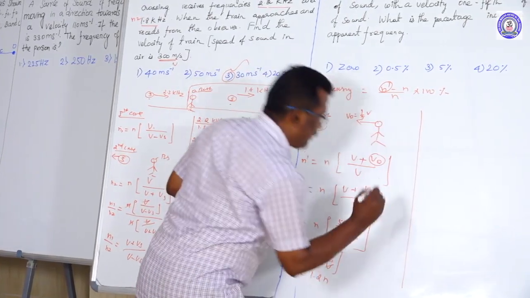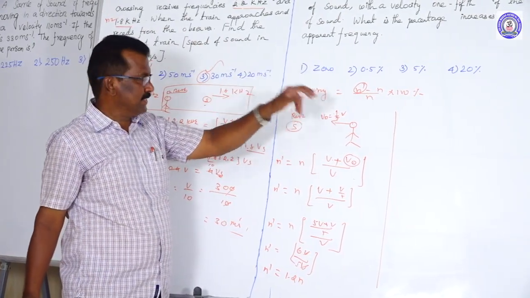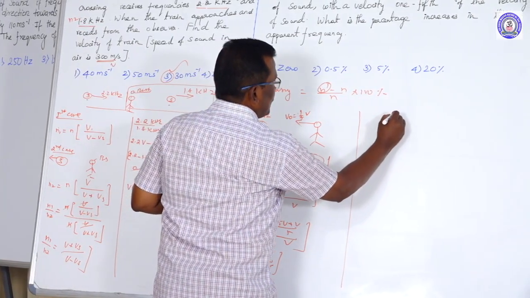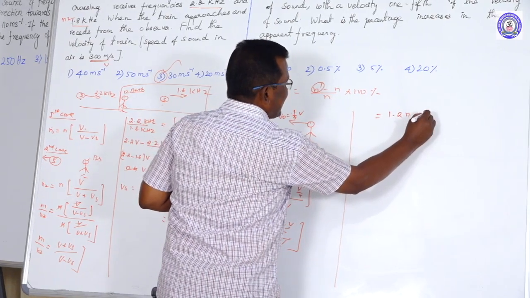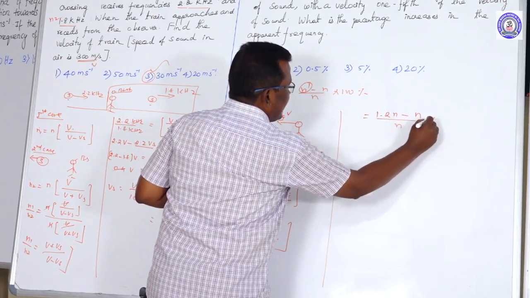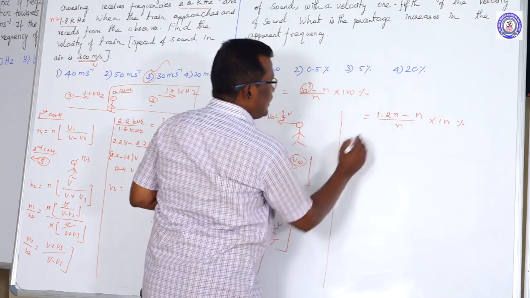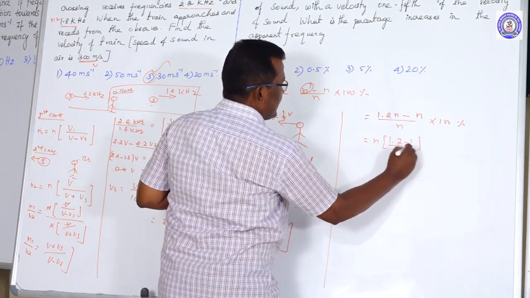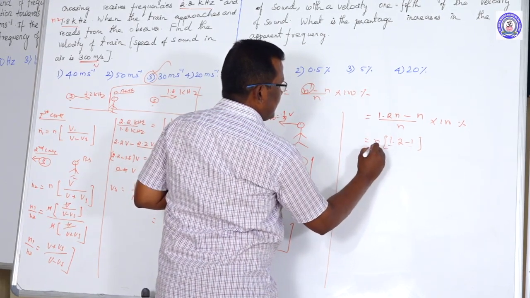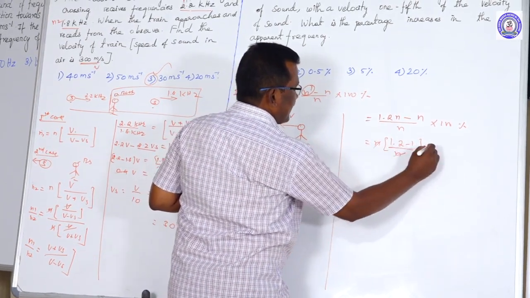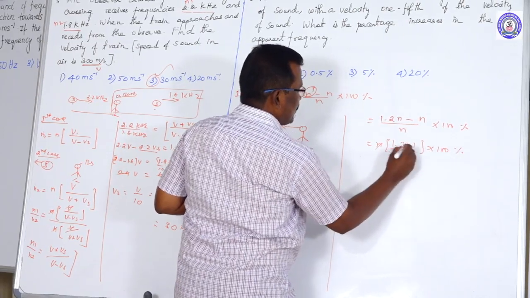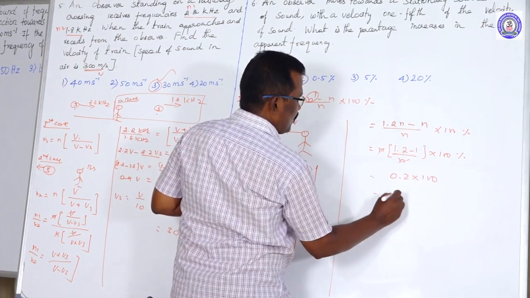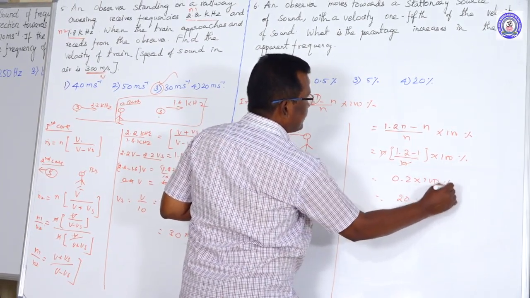Now, the frequency increase: n prime is calculated as 1.2 n. So 1.2 n minus n divided by n into 100%. Take n common: 1.2 minus 1, divided by n, n cancels, into 100%. 1.2 minus 1 is 0.2, into 100, so 20%.